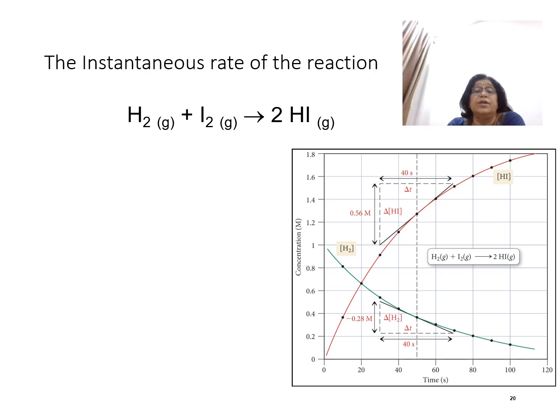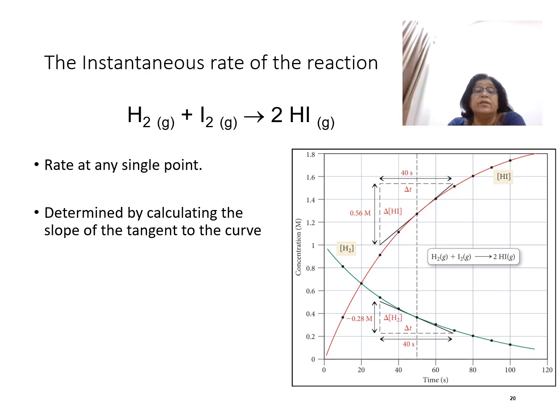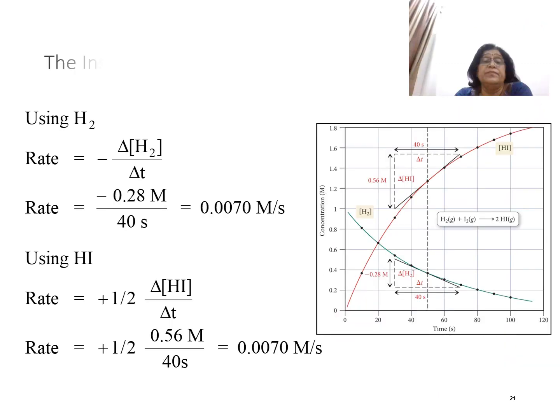Now let's find the instantaneous rate of reaction for H2 plus I2 giving 2HI. The rate at any single point is called the instantaneous rate, determined by calculating the slope of the tangent to the curve.